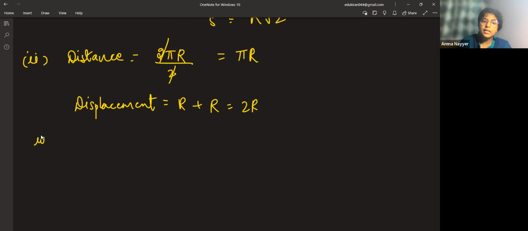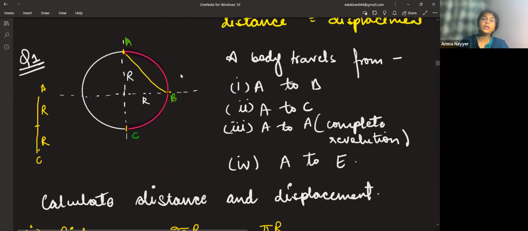The third part is also very easy. Fourth part, E, I'll mark in this question. Right now it has not been marked. A to A. The body has started from A point and has reached back to A point. Abdul, now this you should answer. What is the distance?